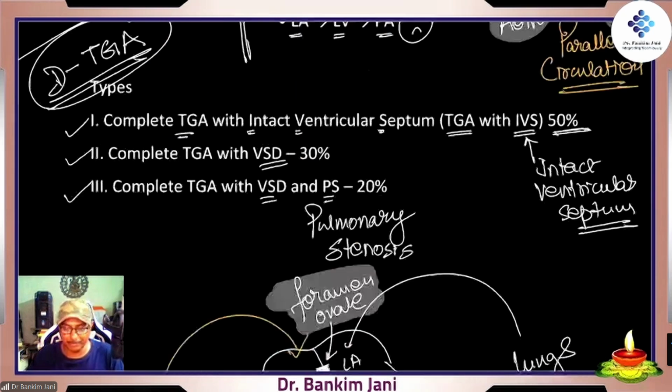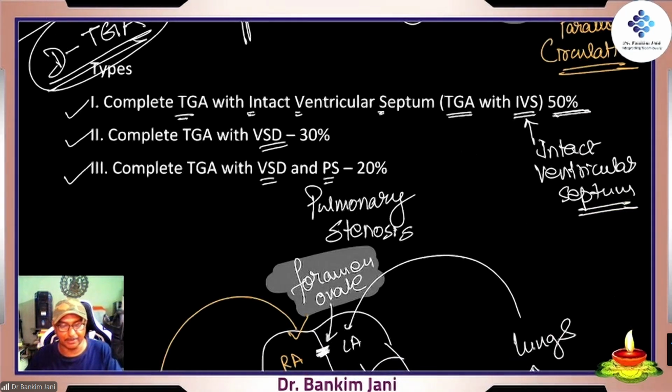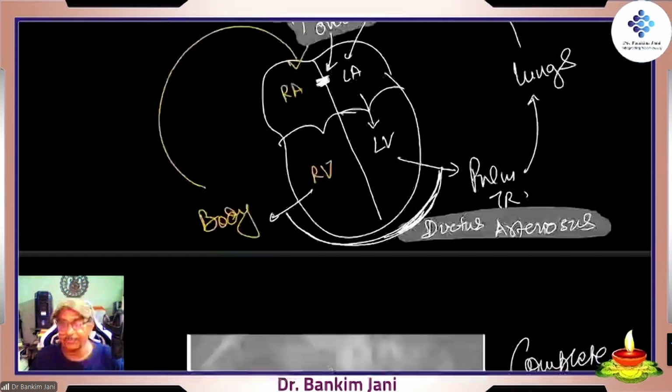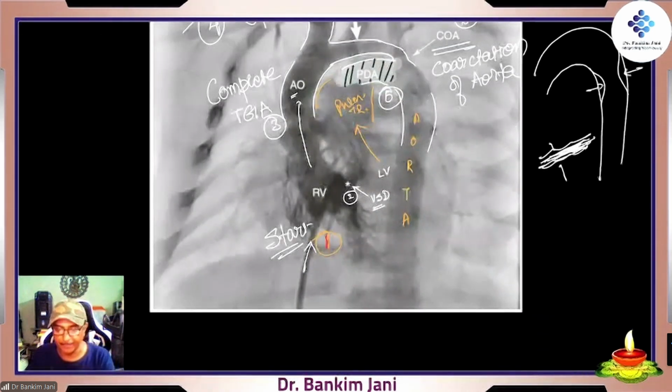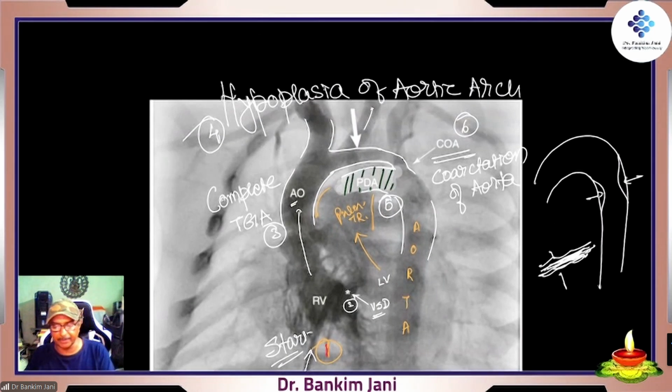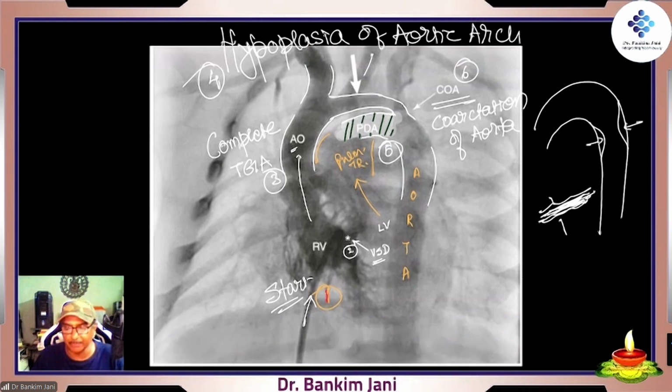If you remember, we differentiated it like this: complete TGA with VSD and pulmonary stenosis. Is this just after birth? That's right, just after birth. A pretty complicated case. This case is pretty, because type 2, type 3, not type 3.